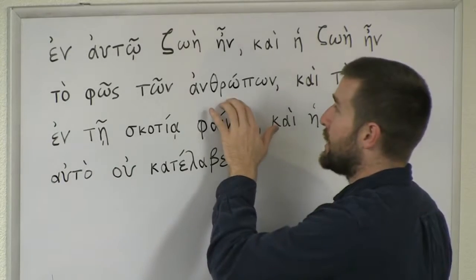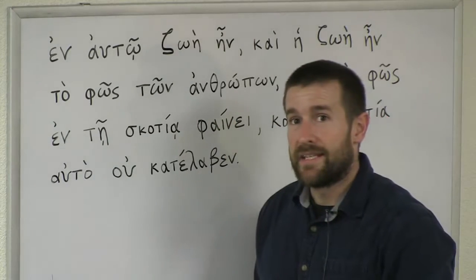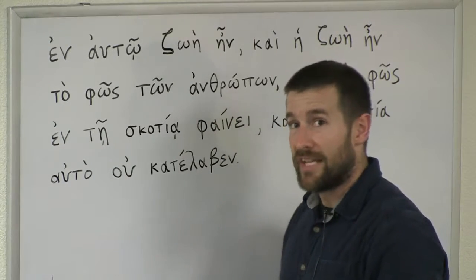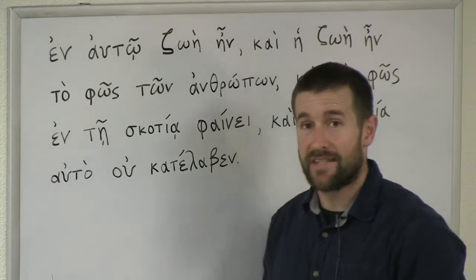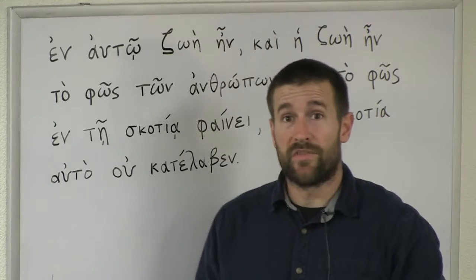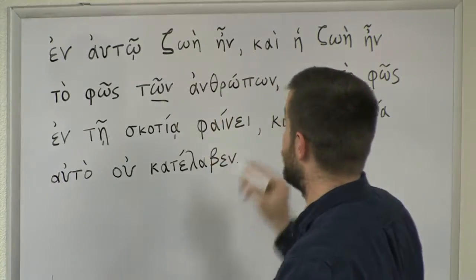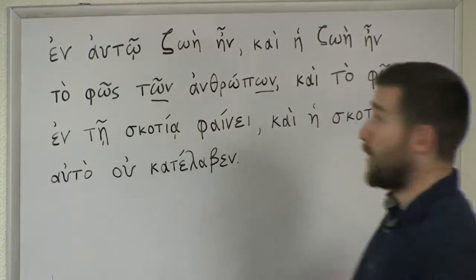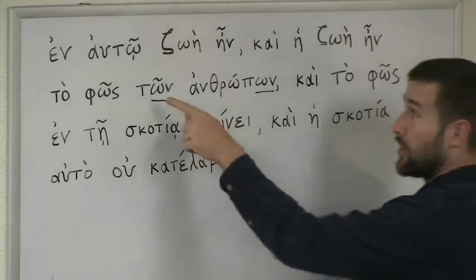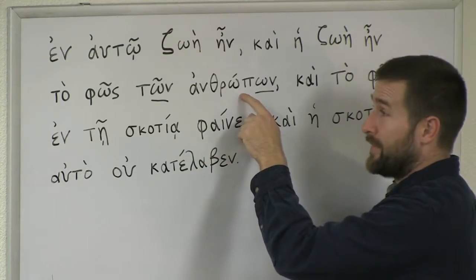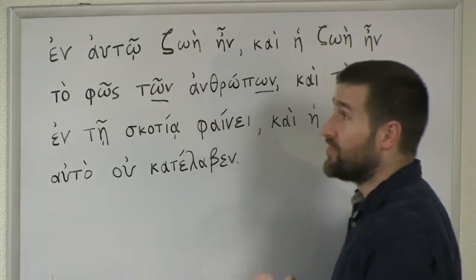Now, men here, anthropon, is in the plural genitive case. And remember, the genitive case is usually associated with the English preposition of. Look at that ending right there. Ton anthropon. Both the definite article and the noun show signs of being in the plural genitive case.